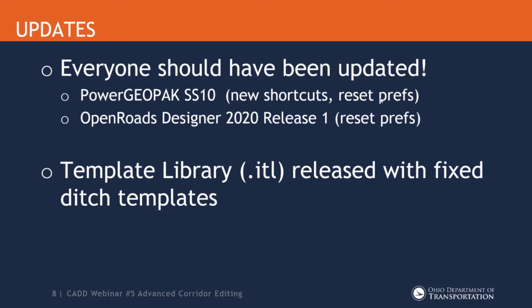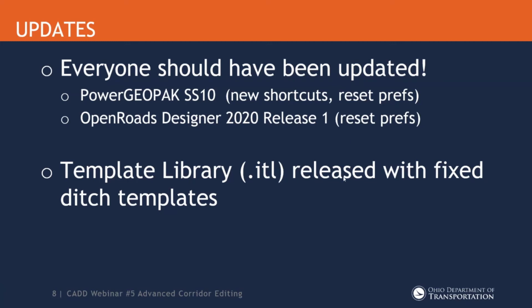We also recommended you reset your preferences, and the same thing with OpenRoads Designer. If you have any trouble with that, contact us. If you didn't get the update, please let us know as well. We'll get you the update, because on the ORD side there are compatibility issues between previous releases and this one. So we do want to make sure that everyone in our agency is updated.